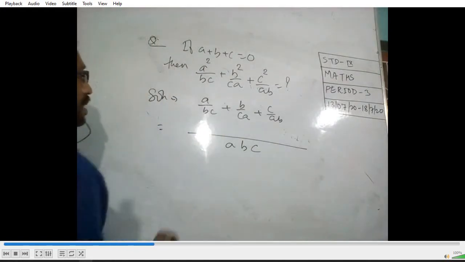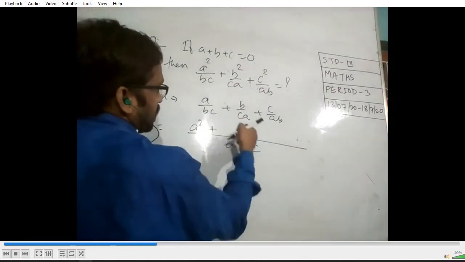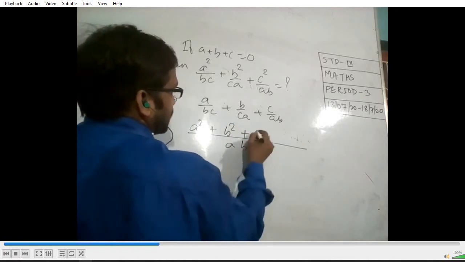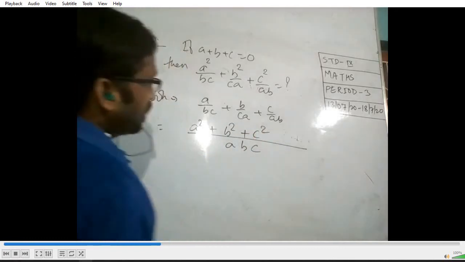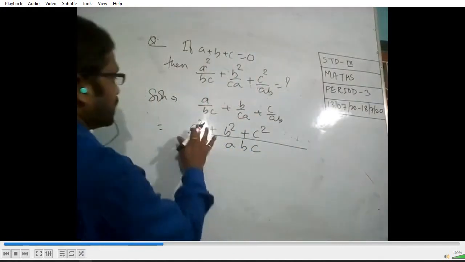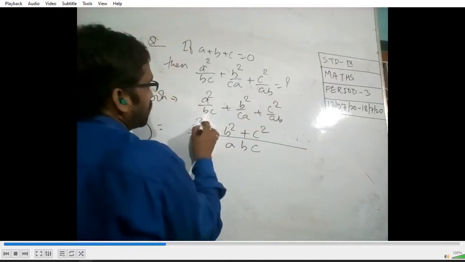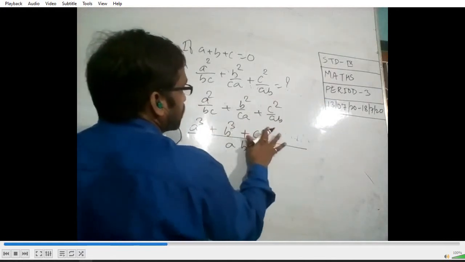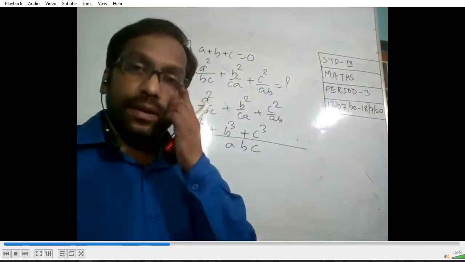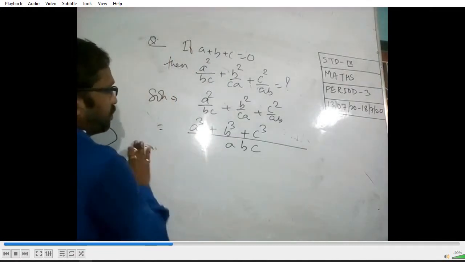So we can say that adding this gives a square plus b square plus ab, and then a cube plus b cube plus c cube.